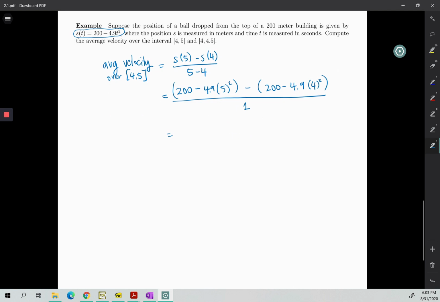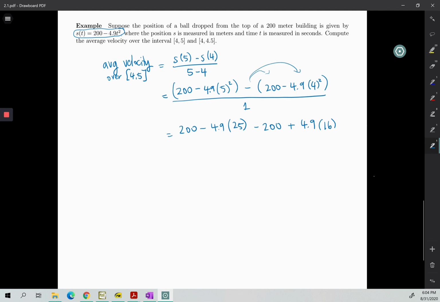Okay, so I'm going to simplify this a little by hand and then just use my calculator at the end. So this negative, I'm going to want to distribute that. So I'll get 200 minus 4.9, 5 squared is 25, so I'm just going to write that as 25. Minus 200, and it'll be plus 4.9, and then 4 squared is 16, right?